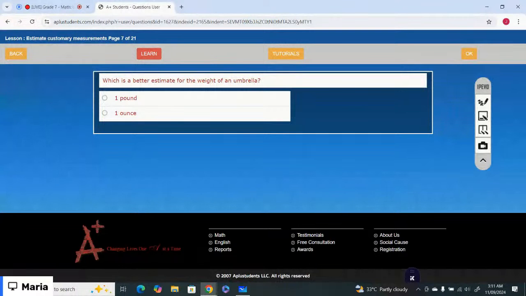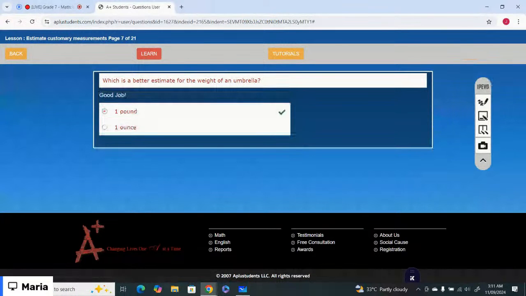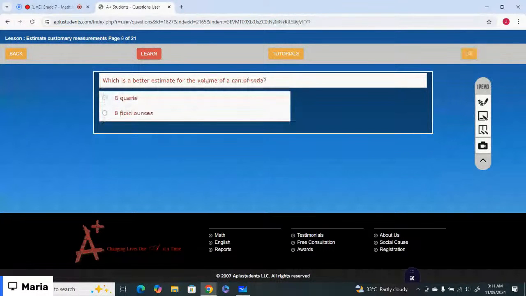That is 1 pound, right? 1 ounce is too little for the weight of the umbrella. The correct option is 1 pound. The next one is which estimate for the volume of the soda. So which is the correct option?